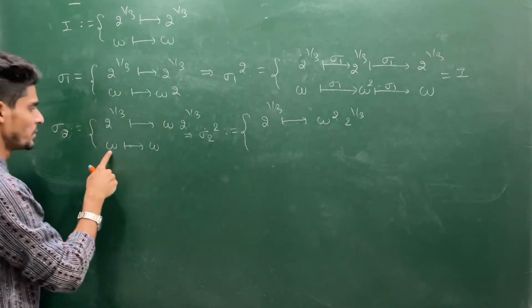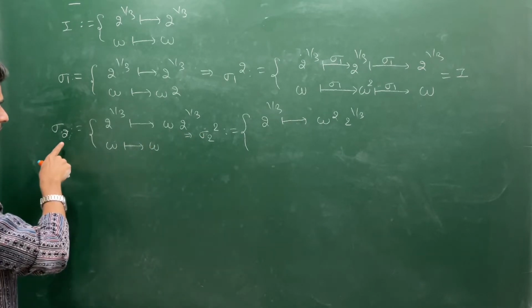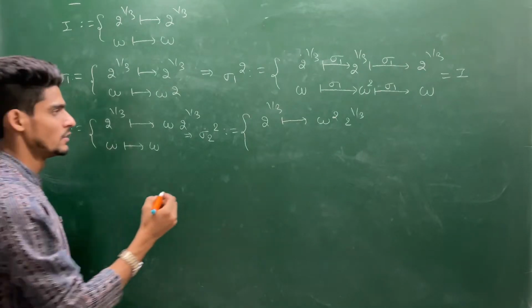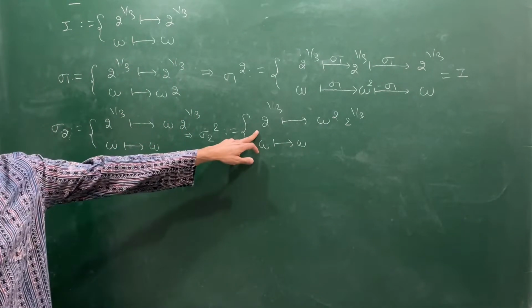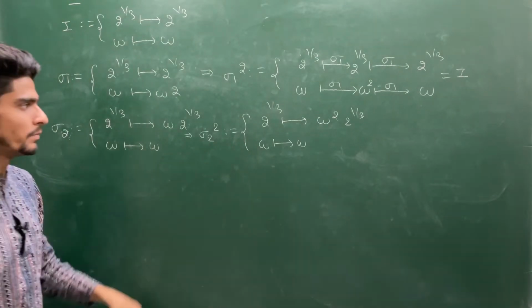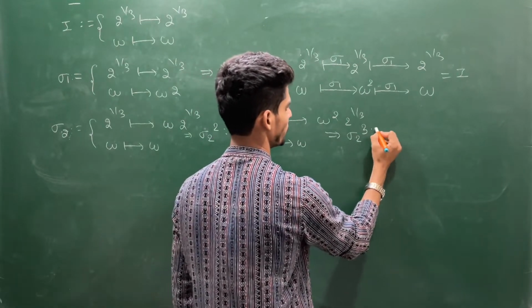Sigma 2 square: if you operate sigma 2 square on omega, sigma 2 is already fixing omega, so sigma 2 square has to fix omega. So omega will go to omega. Clearly this is not an identity element. If this is an element of the group, it must be an element of the group. Again, you operate sigma 2 cube.